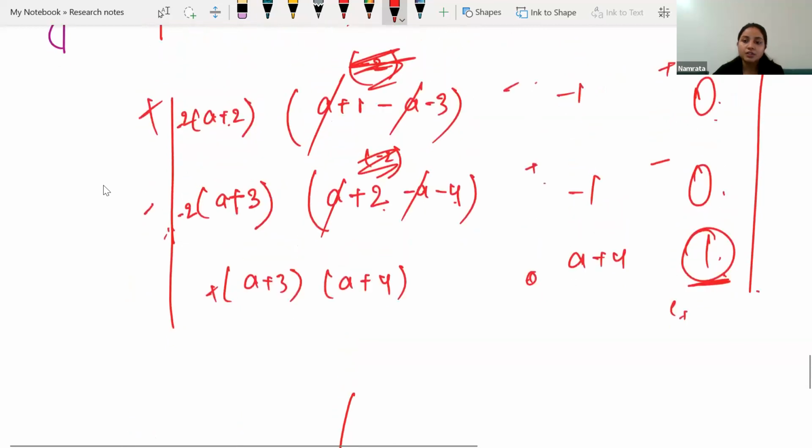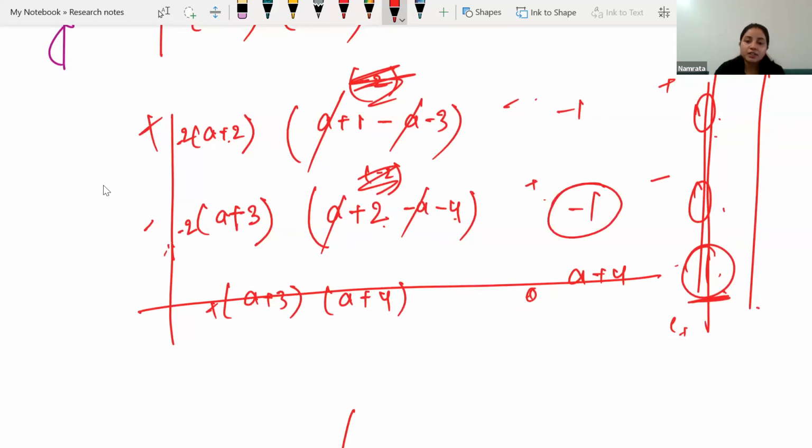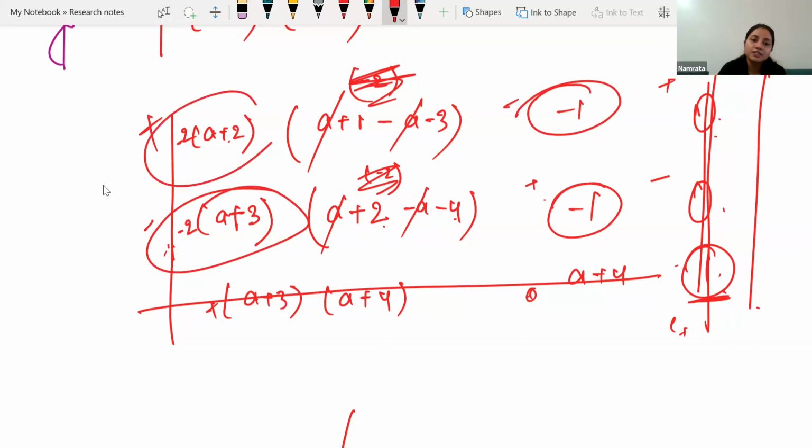We will cover this part, and this part we will cover. So what are we having? We are having minus 1 here, minus 1 here, we are having this element here, this element here. Crisscross multiplication we will do.